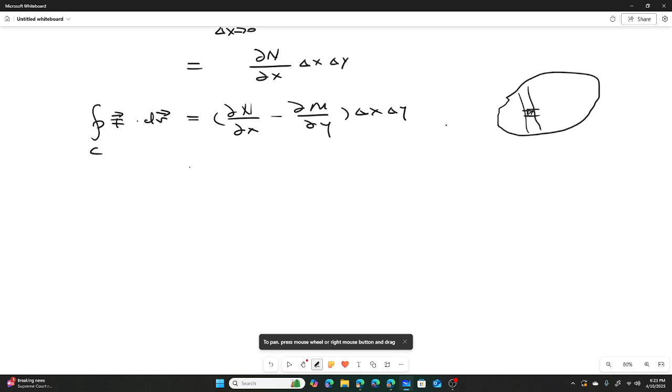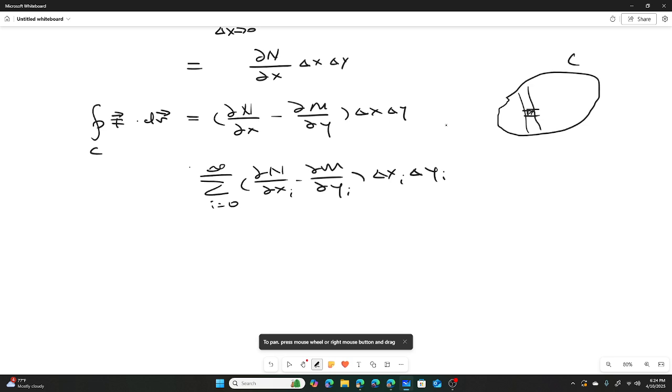But you can think about this whole thing as made up of, imagine that big C encloses this bigger region R, and the region R is composed of these small tiny rectangles. Then you have a summation from i equals 0 of an infinite number of these rectangles, with the partial of n with respect to x at i minus the partial of m with respect to y at i, times delta x i, delta y i.